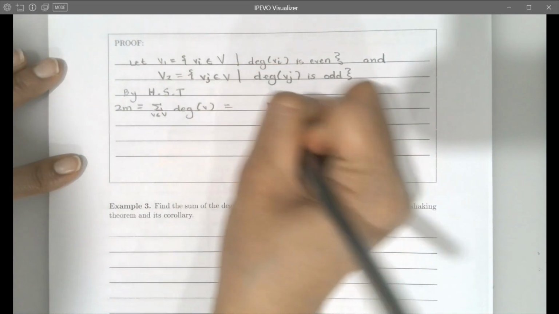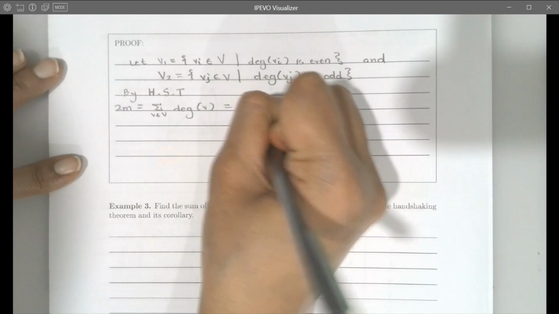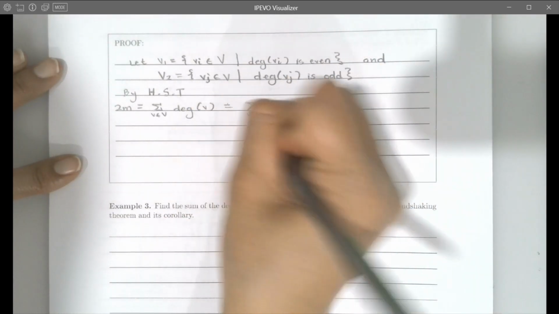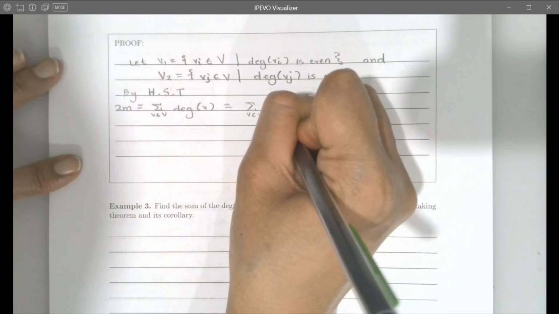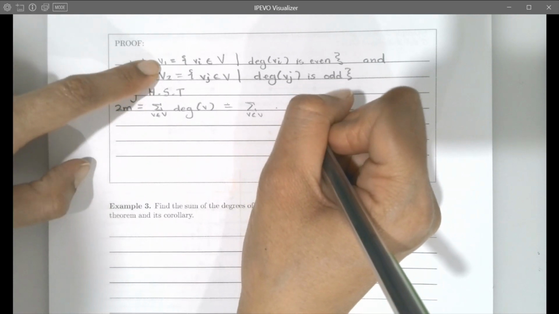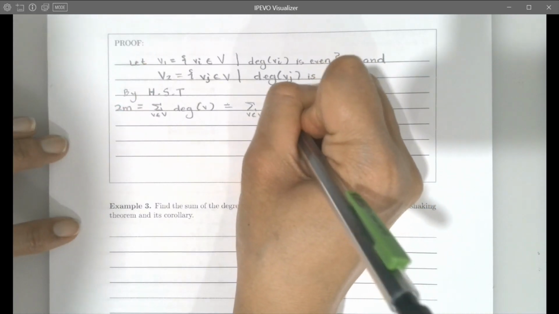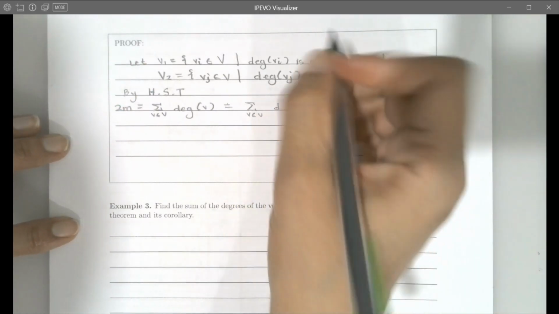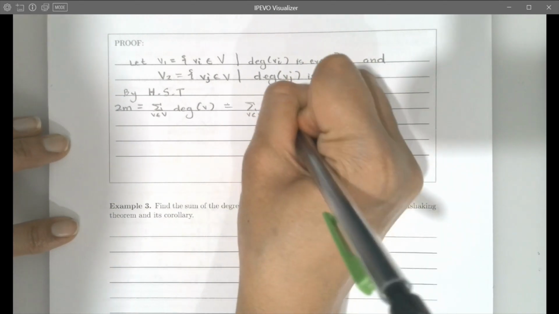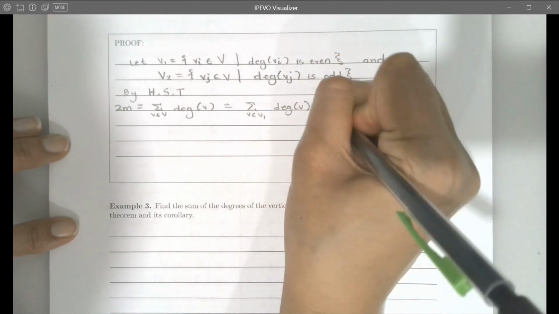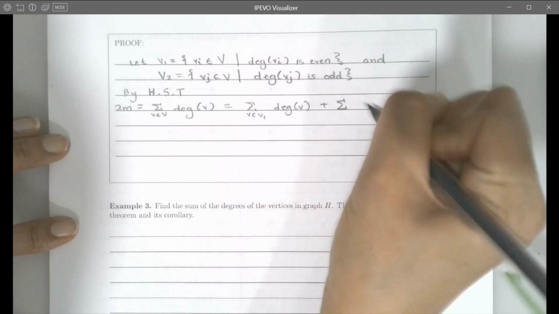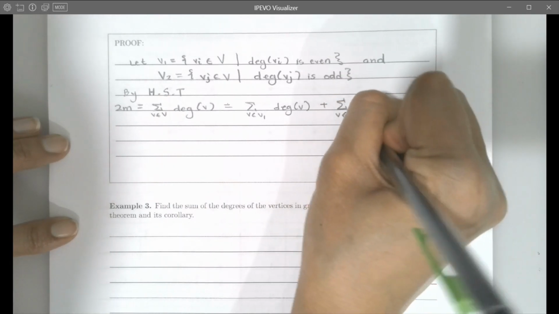But we can break this up into the sum of the degrees of nodes that are in V1. So let's just write it this way. Plus the sum of the degrees of nodes that are in V2.